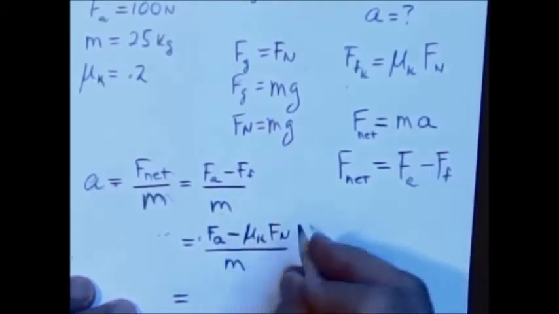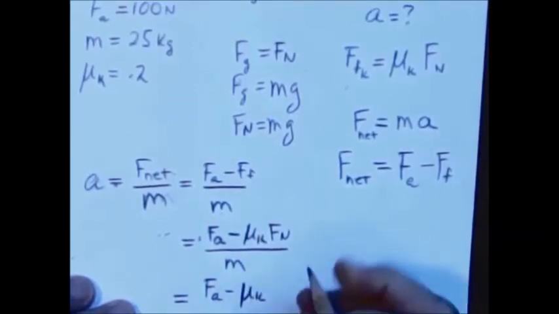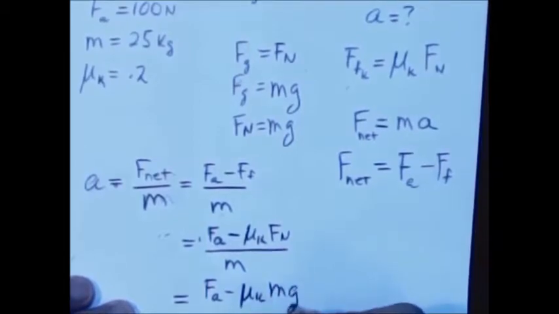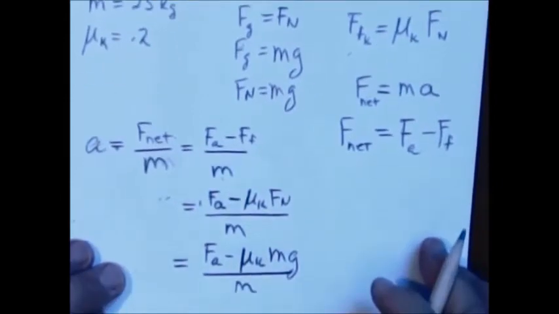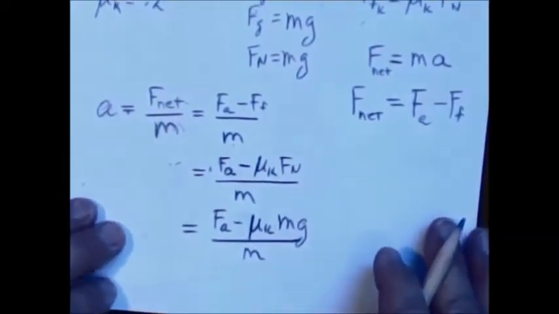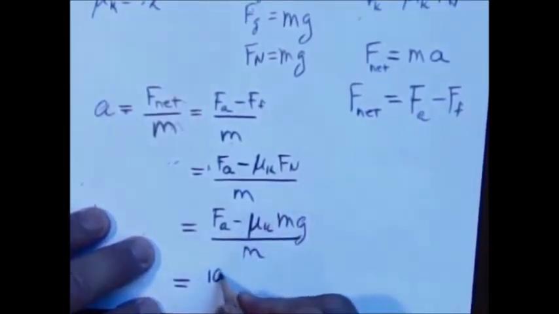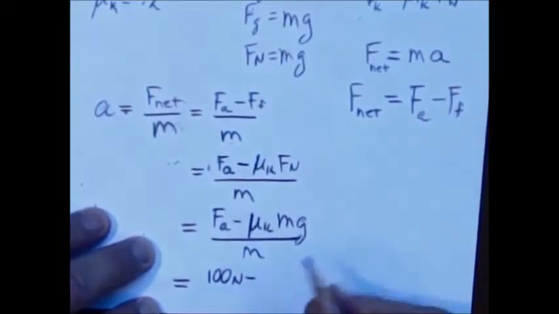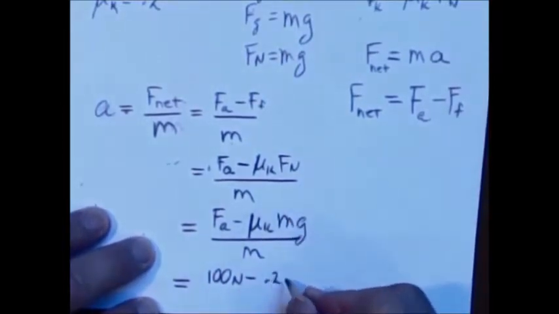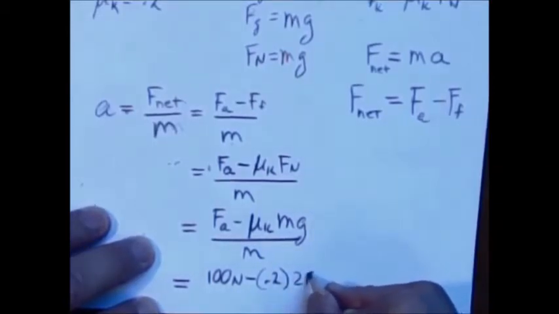All right, we know that Fn is equal to mg, so it's FA minus mu sub k mg. Now I think that we have everything that we need to plug and play. FA is equal to 100 newtons. Mu sub k is equal to 0.2. Mass is equal to 25 kilograms.